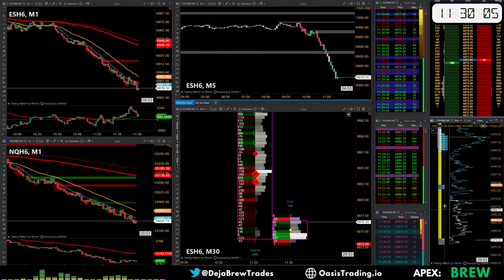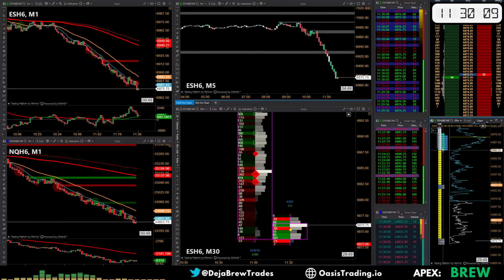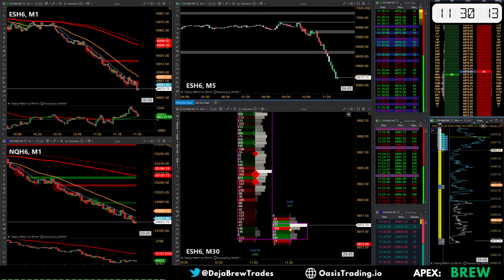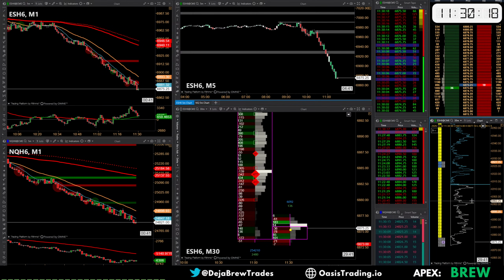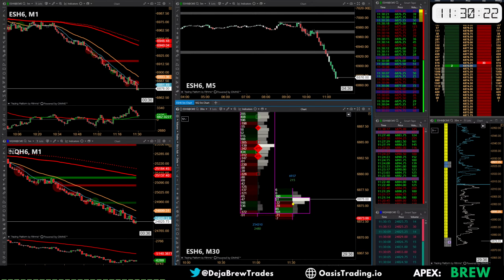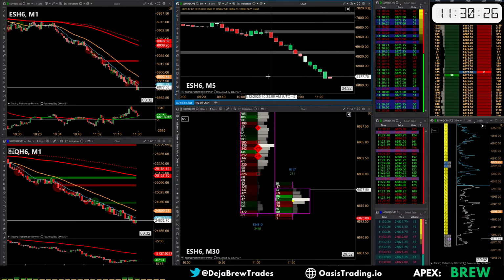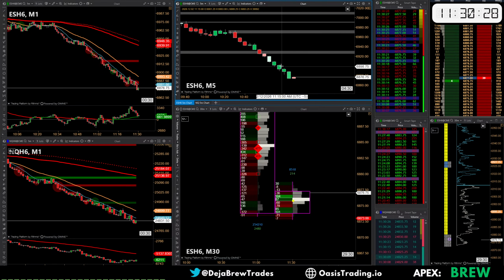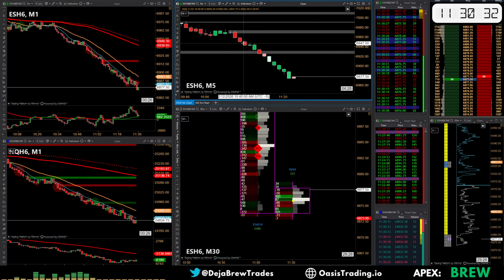That is a ridiculous amount of single prints. Going back up 100 points, that's 50 single prints. Look at these 5-minute highs. Protected, lost the low.